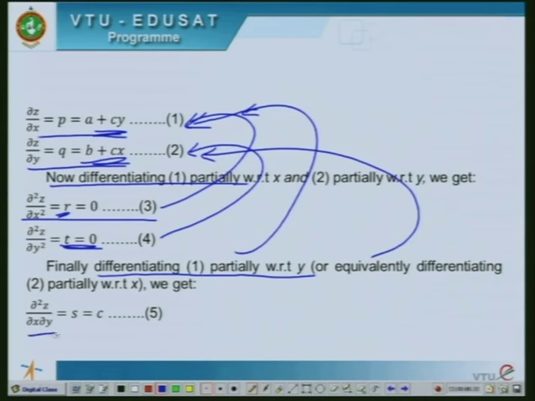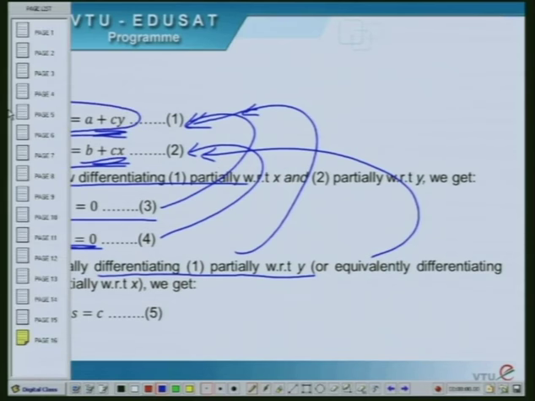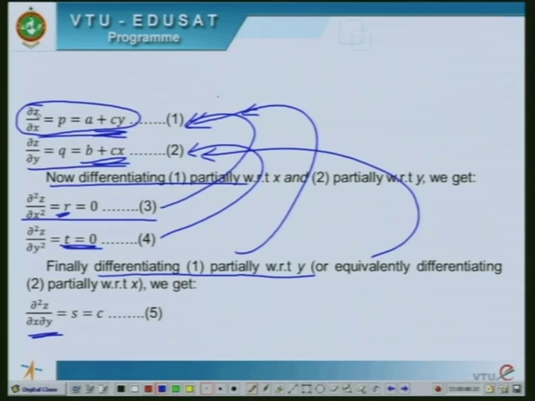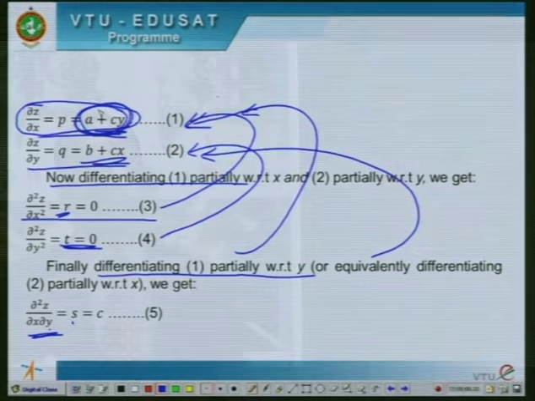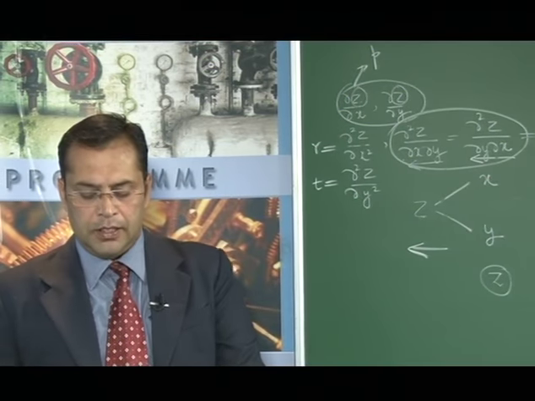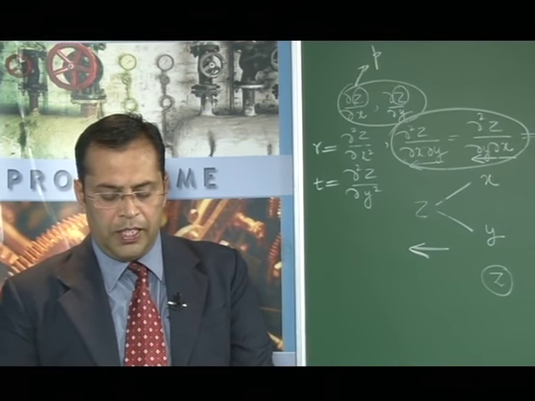I will do the first one, differentiate this with respect to y. So, what do you get? Dou z by dou x transforms to dou square z by dou x dou y equal to, note, by notation it is s, and the derivative of a plus cy with respect to y is immediately equal to c. Now, we will go about the elimination procedure, right. So, how to do the elimination?